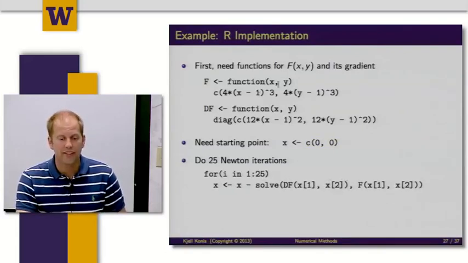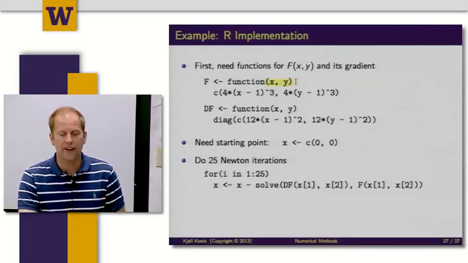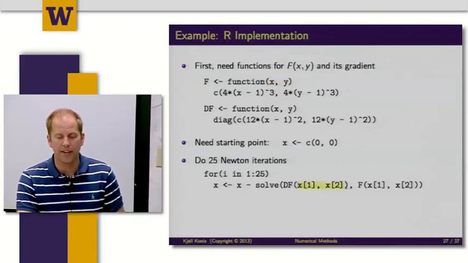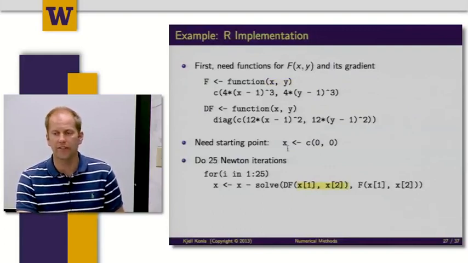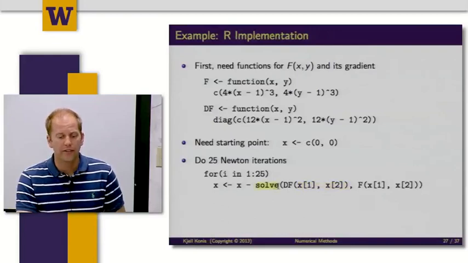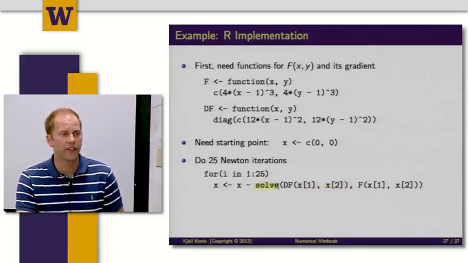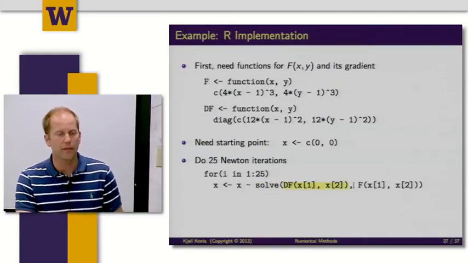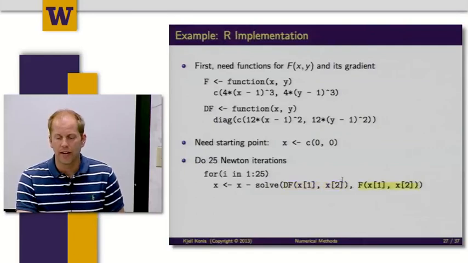Because I've defined these functions as functions of x and y, I need to provide each one of them with two arguments. So it's just the first element of x and the second element of x. I can use the solve function to solve the linear system that I was talking about on the previous slide. And so all I have to do is give the matrix A and the vector B, and solve is going to solve that linear system for me.